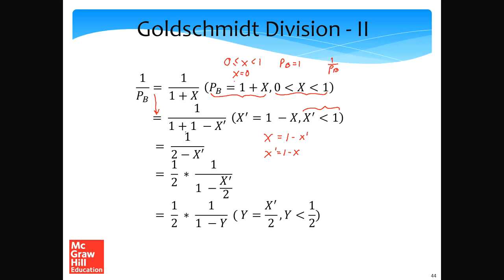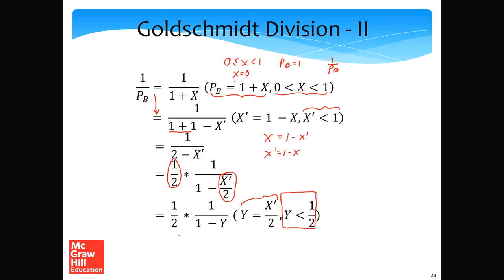So some more algebra, 1 plus 1 is 2. So this is 1 by 2 minus x'. I take the half outside. Then I have 1 divided by 1 minus x' by 2. So this is half times 1 by 1 minus y, where I say that y is equal to x' by 2. So this term is being represented as y. Since x' is less than 1, y is less than half.